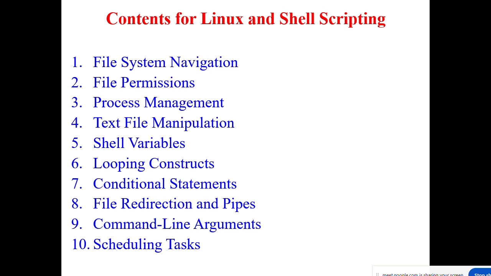Especially in Linux and shell scripting, we use a for loop and a while loop for iterating a number of times. Conditional statements are used to check whether a given statement is true or not by using if, elif and else. These are the commands. File redirection and pipes: how we redirect one file to another file, so that one input file becomes the output of another file.